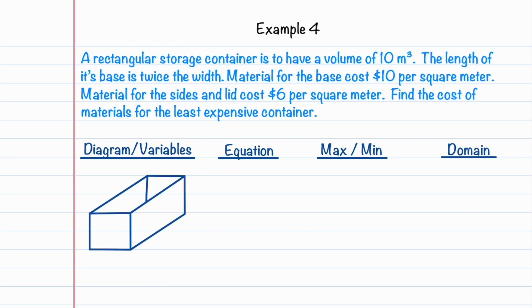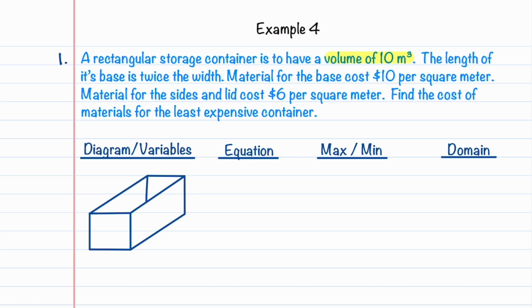In this optimization problem, we're finding the least expensive way to build a rectangular storage container with a given volume. The first step in solving this problem is to read through the problem carefully and find out what we're given and what we're asked to find. We are told that a rectangular storage container is to have a volume of 10 meters cubed.